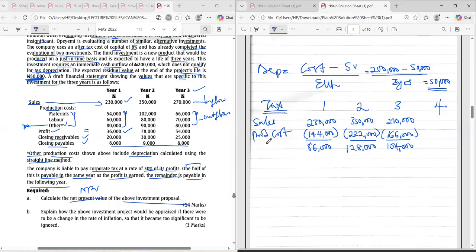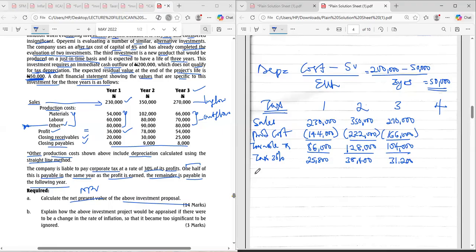All right, so these are taxable income or taxable profits. So let's apply our tax at 30%. 25,800. Next. 38,400. All right, so that is our tax, Abi.